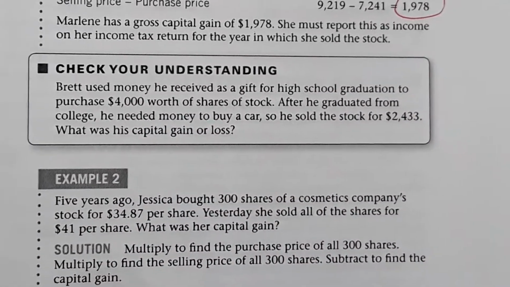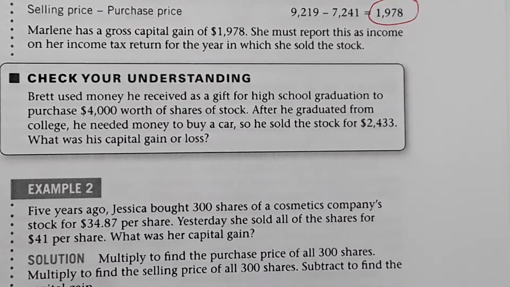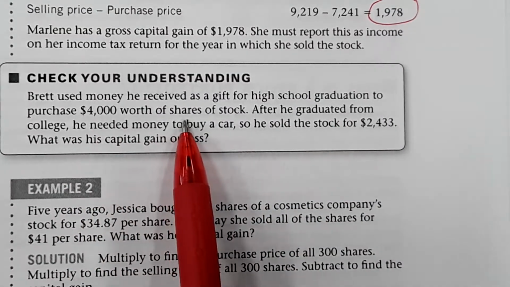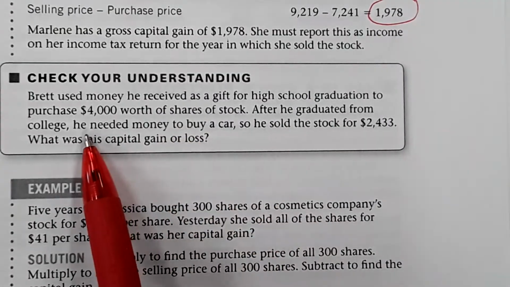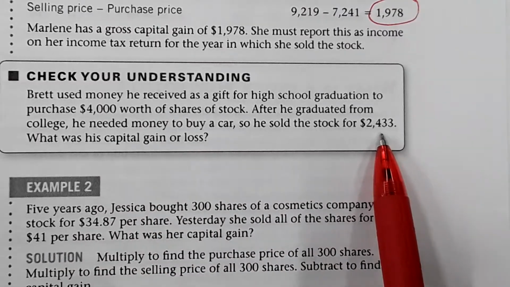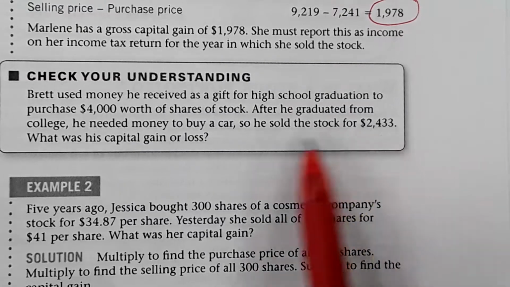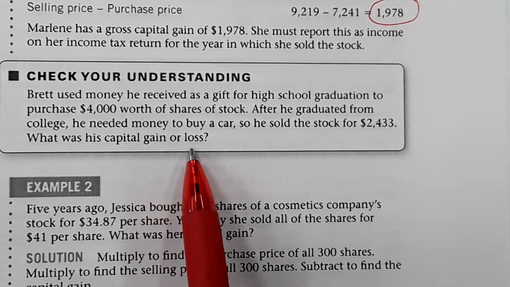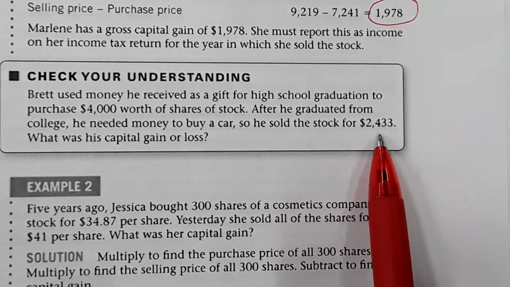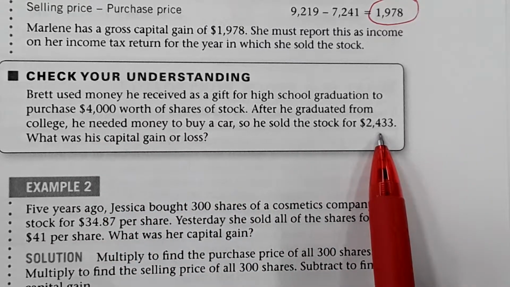So let's work this one together. Brett used money he received as a gift for high school graduation to purchase $4,000 worth of shares. After he graduated from college, he really needed the money to buy a car, so he sold the stock for $2,433. What was his capital gain or loss? Well, if he paid this much for it and he sold it for that much, that's going to be a loss.